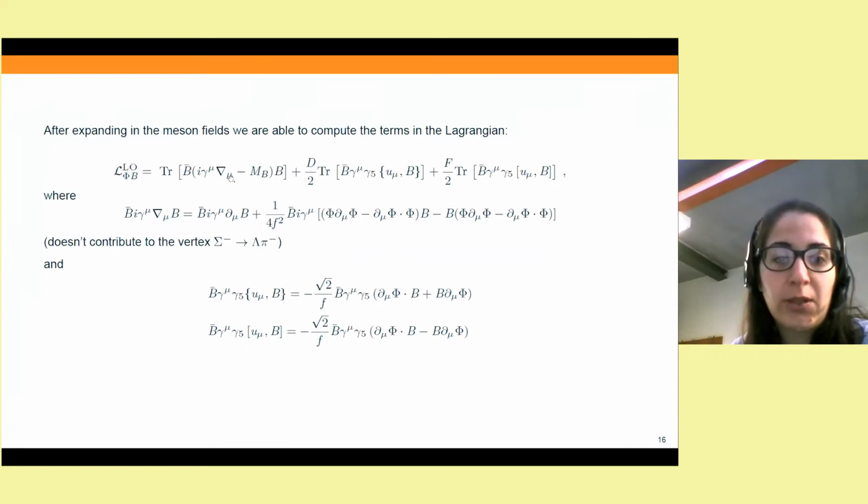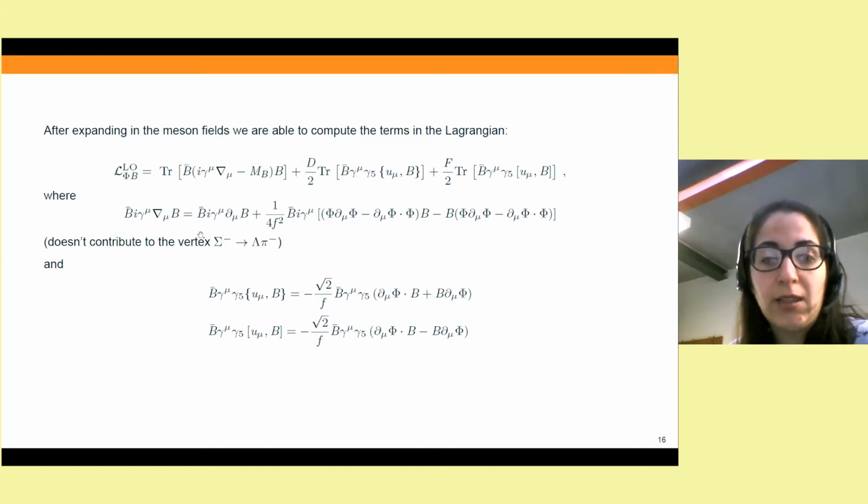And we saw that we had these covariant derivatives here, and then we also had these terms here with this u mu that we had to expand in terms of the meson fields in order to see which terms we need to compute and get the vertex that we want, right?